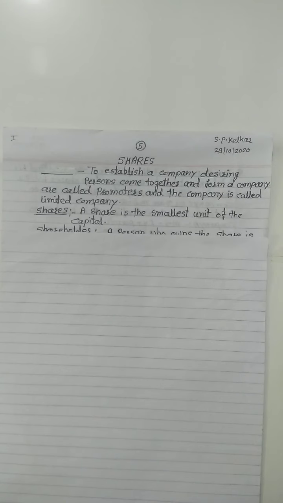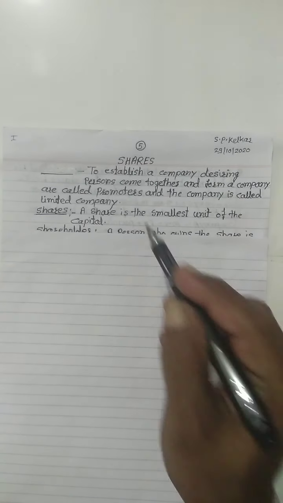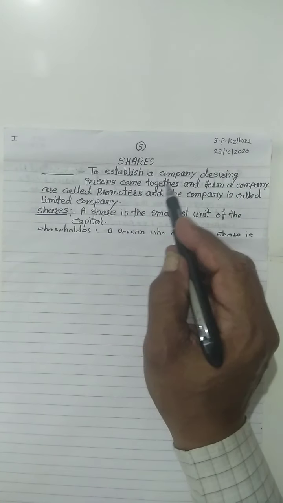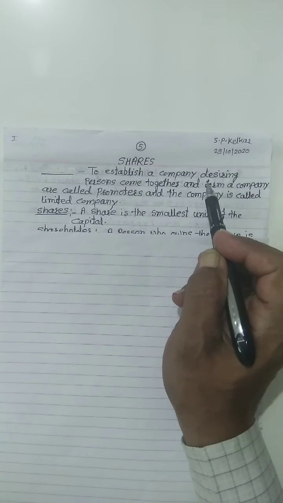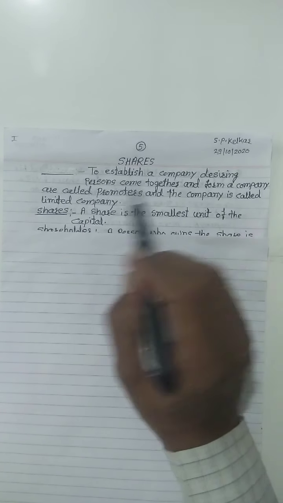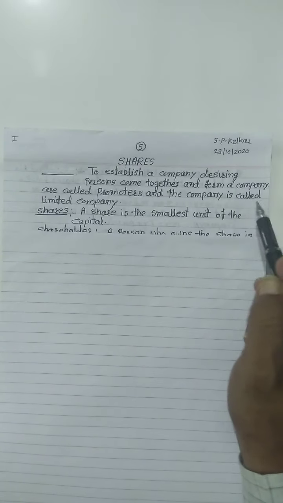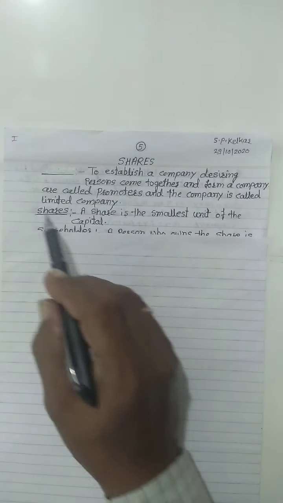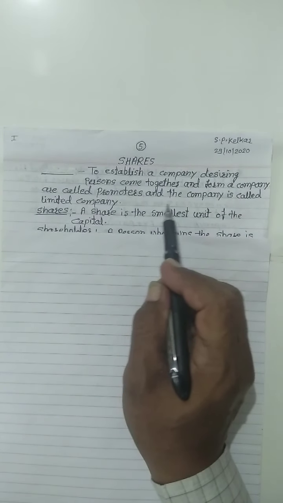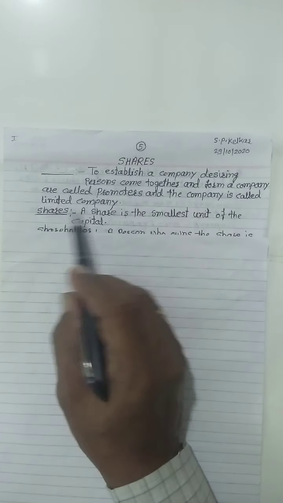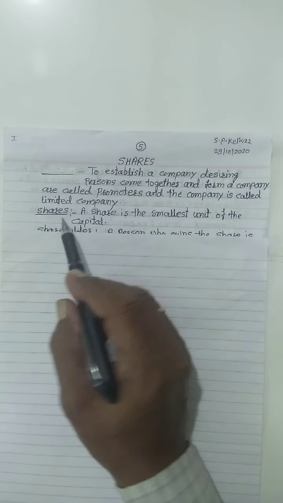Today we are going to study financial planning. In this financial planning, we study today share to establish a company. Desiring a person come together and form a company are called promoters, and the company is called a limited company.